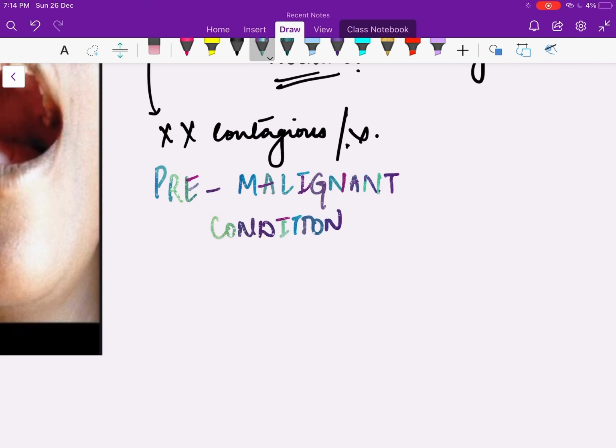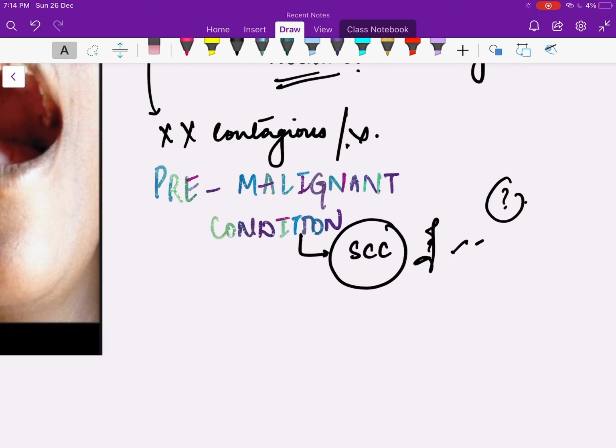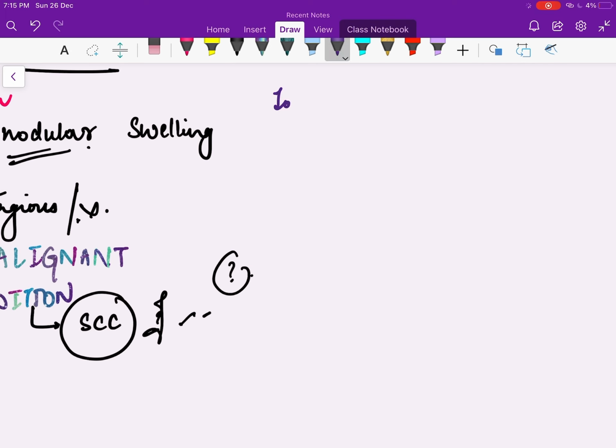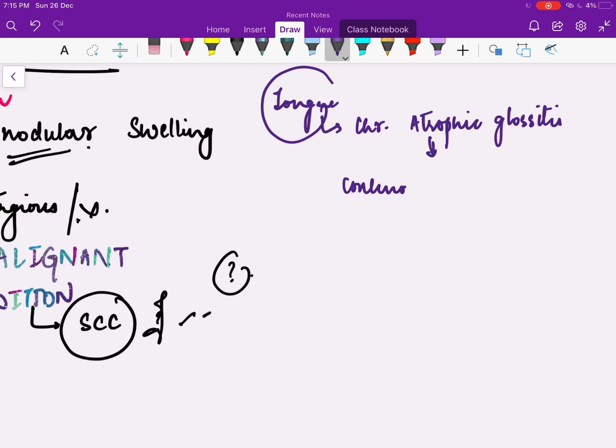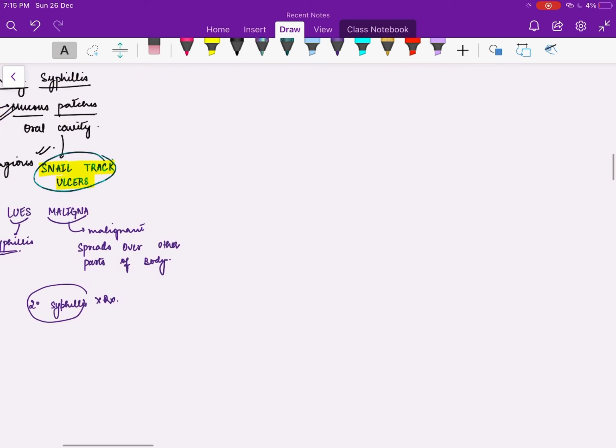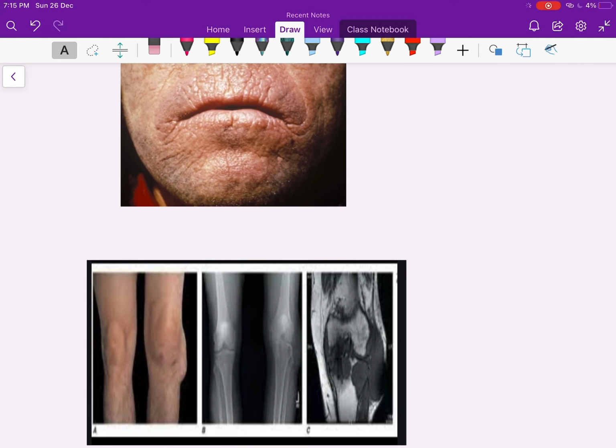It can lead to carcinoma, particularly squamous cell carcinoma. There can be perforation of the palate when there is ulceration of this swelling. Whenever tertiary syphilis occurs, there is chronic atrophic glossitis. So there is continuous or chronic inflammation of the epithelium, and that's why it can lead to squamous cell carcinoma and is a pre-malignant condition.